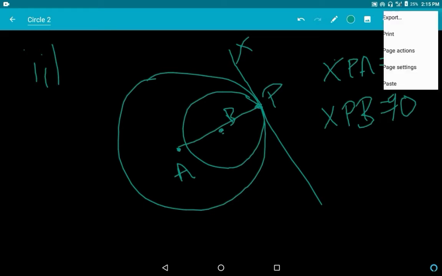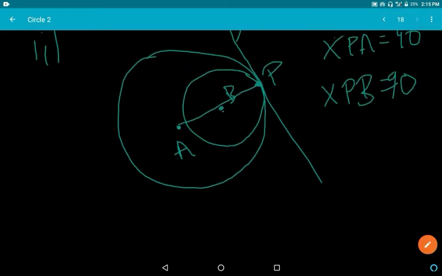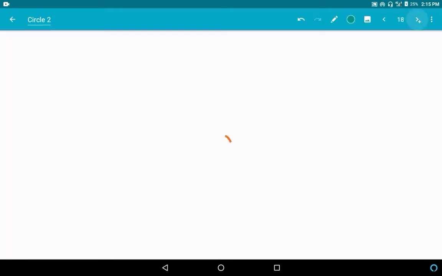Now let's say, one second. Yes, let's say there is one line here. If I say this X, P, XP, for example, and there are, let's say, A and B, 2 points here.